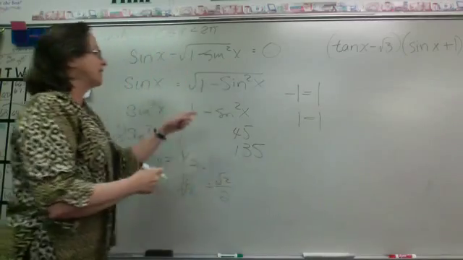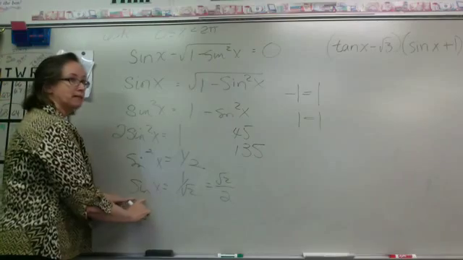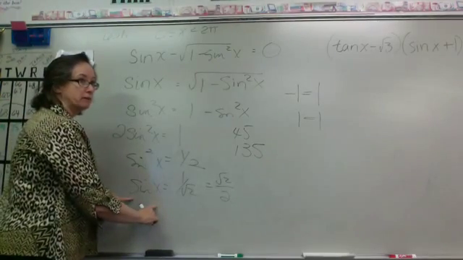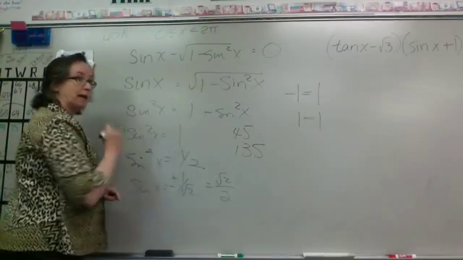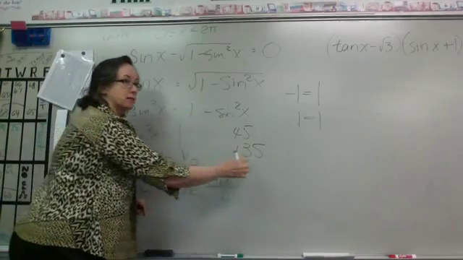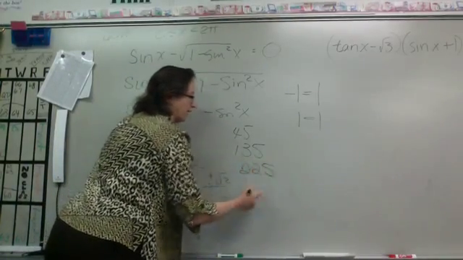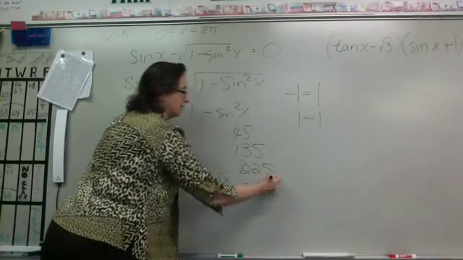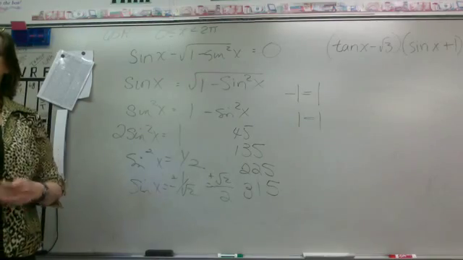Also, what did I forget to do down here? When I took the square root, I should have made that plus or minus, which makes this 225 and 315, because now I've got the negative square root of 2 over 2.